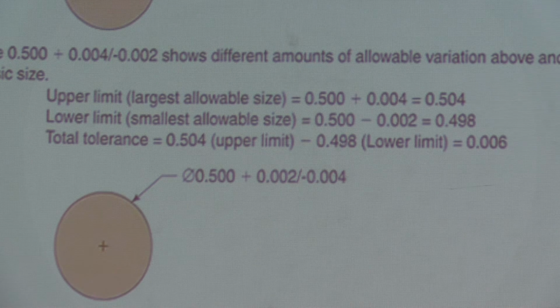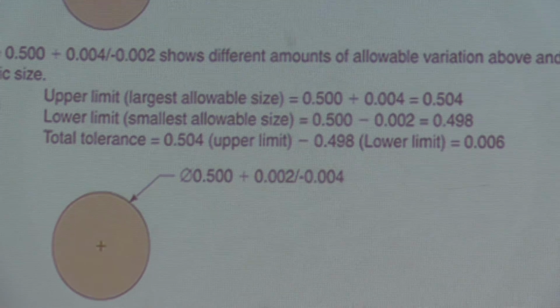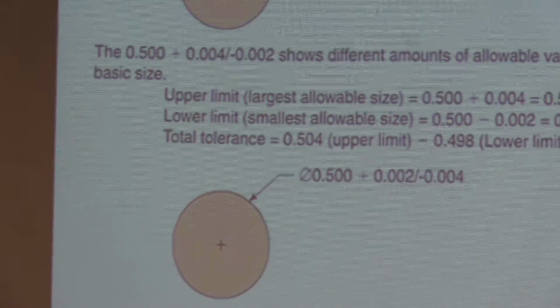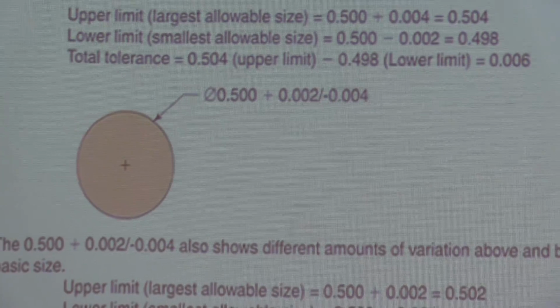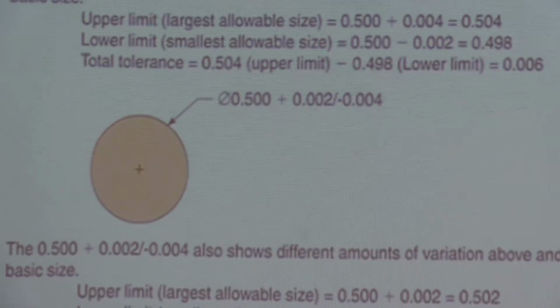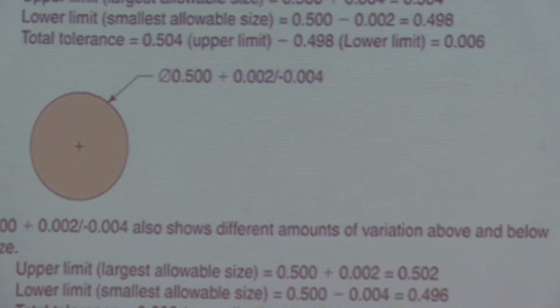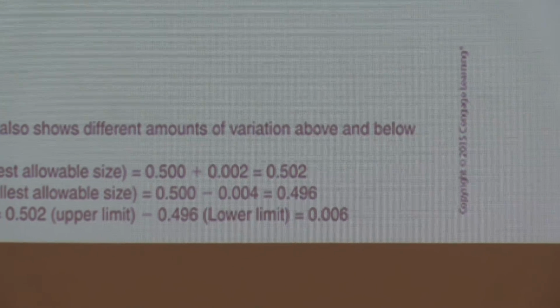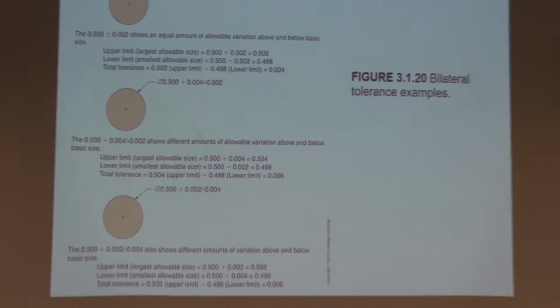You're going to see tolerances that might have even 0 on the negative side, but you're allowed to be a little bit larger on the opposite side, I apologize. Here on this one is the exact opposite. The plus is 2 thousandths, negative is 4 thousandths. So same thing, a total of 6, but we go to 502 down to 496. Okay.